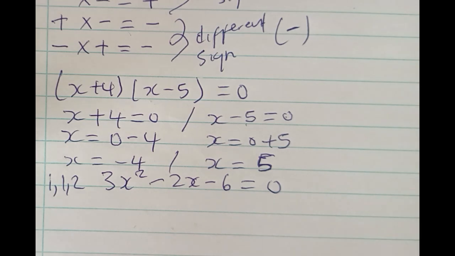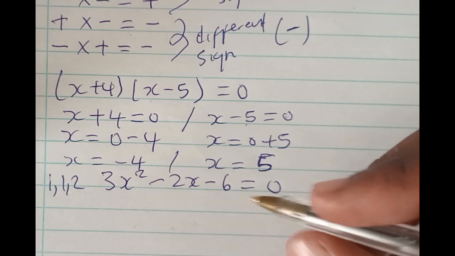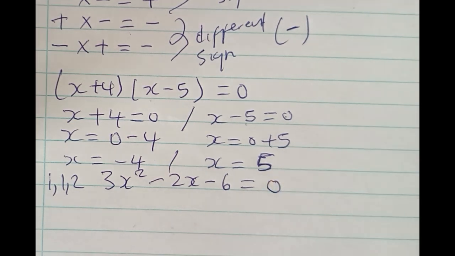And in brackets they say correct to 2 decimal places. So once they give you a trinomial like this and say you should correct it to 2 decimal places, which means you should round it off to 2 decimal places, this shows us that our answer will be in decimals.